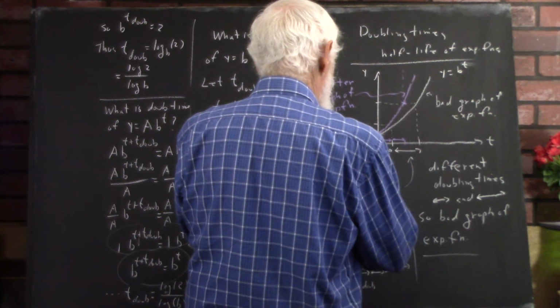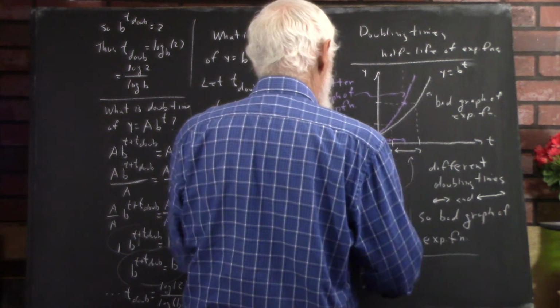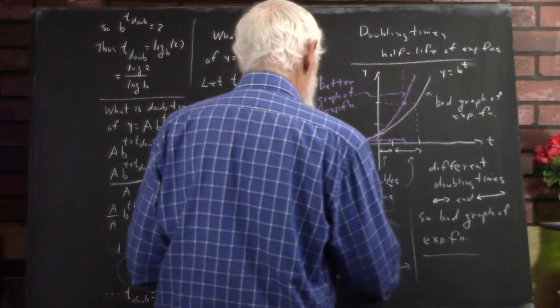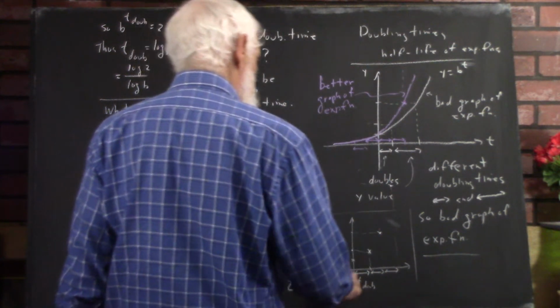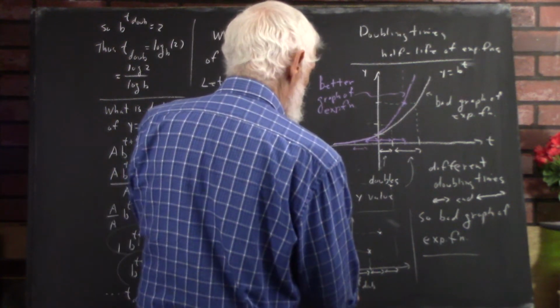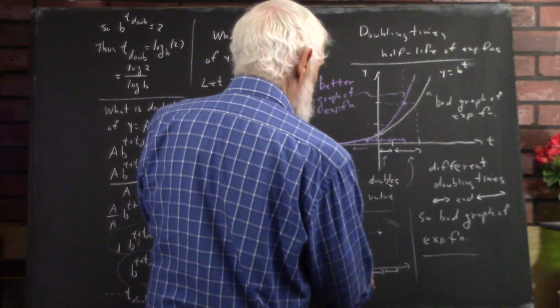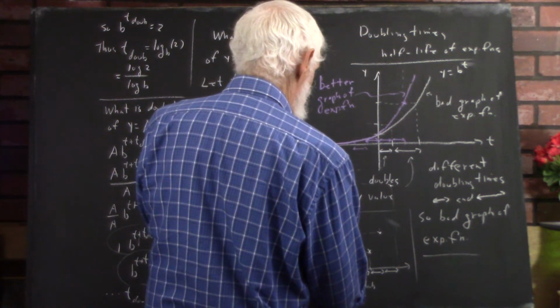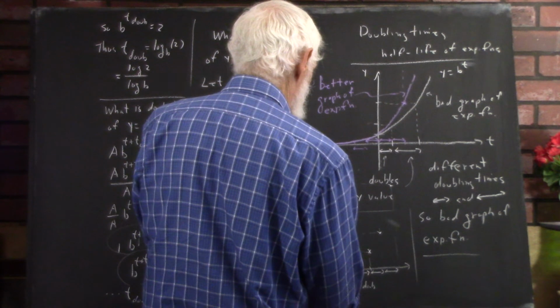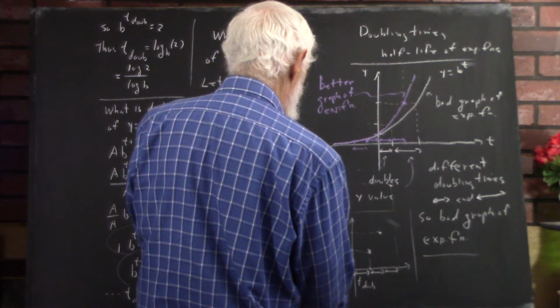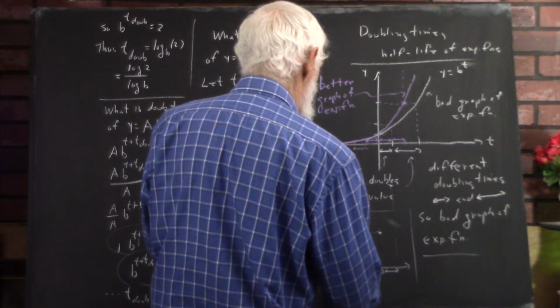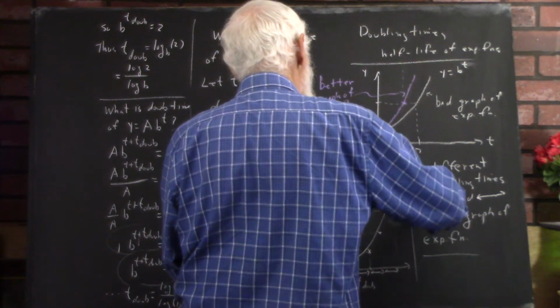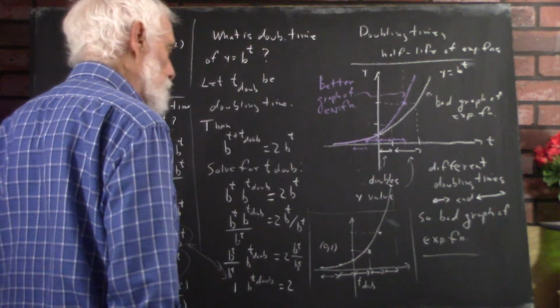Well, that's kind of off my graph, but what the heck, I'll do it anyway, maybe up to here. So it's going to do this. That's going to level off, and over here, it's got to be half as much as it was after double. So that puts it about here. Here it's going to be half as much, puts it about here. And there we have a graph.